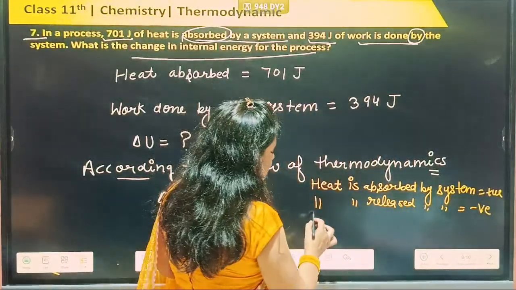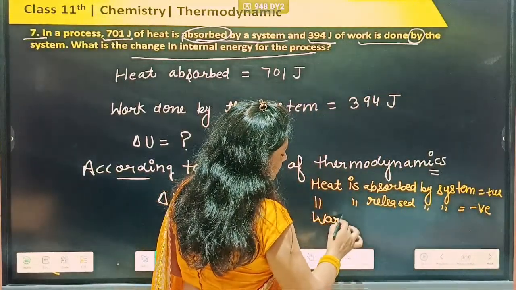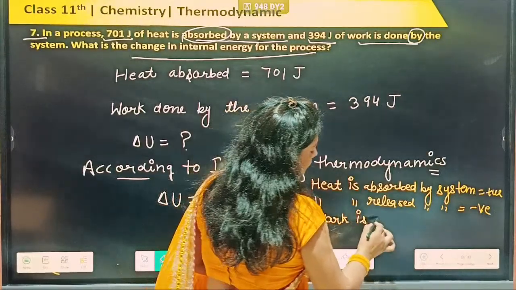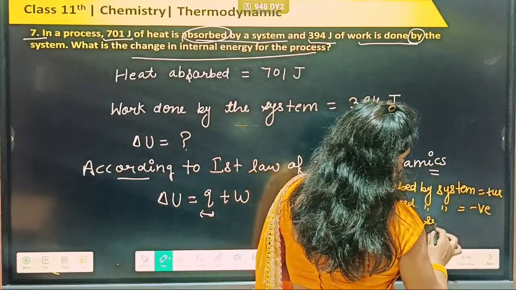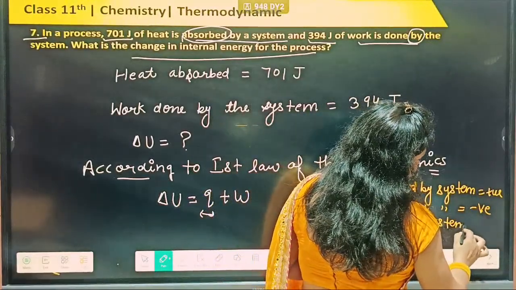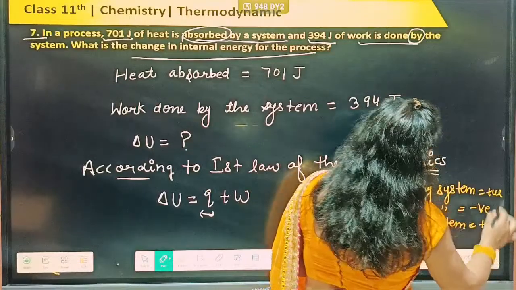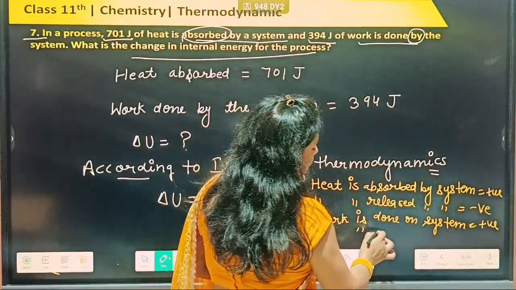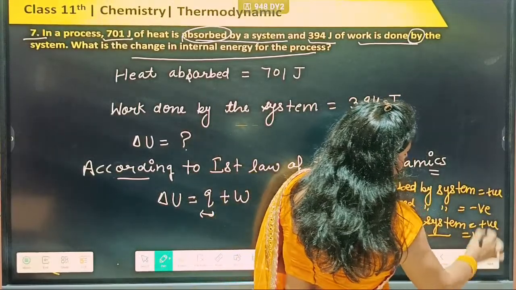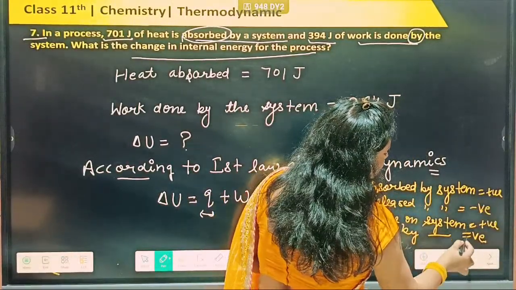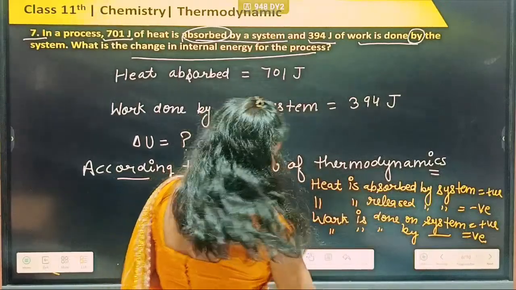And if work is done on the system, it will be positive. And if work is done by the system, then it will be negative. Then, students, you will see the sign convention also.